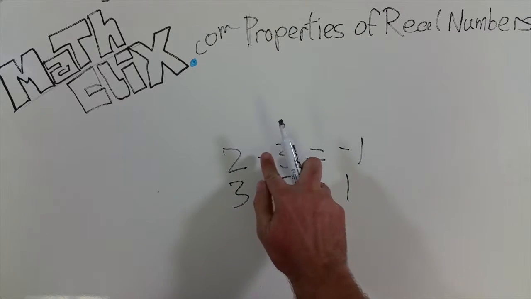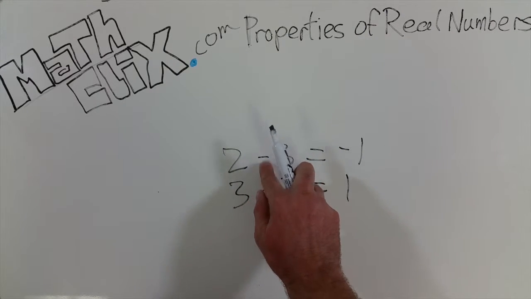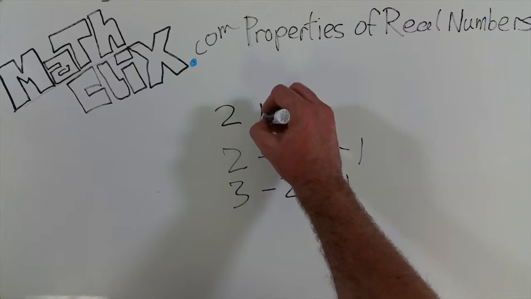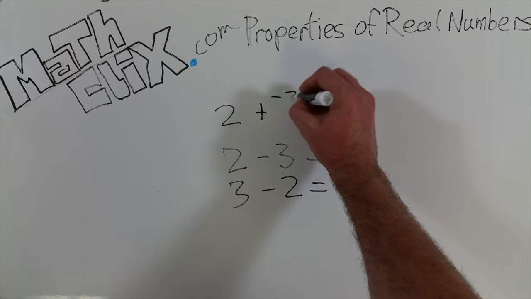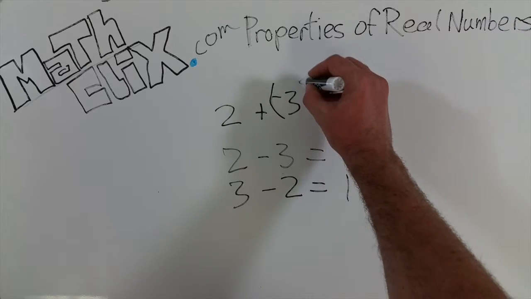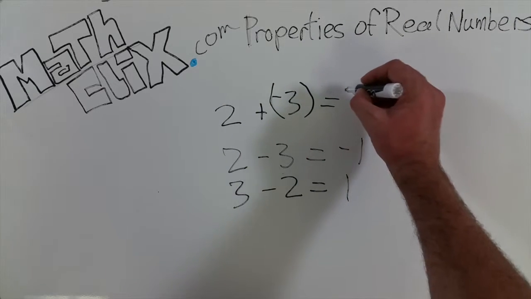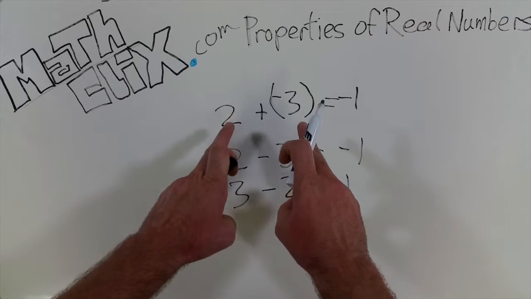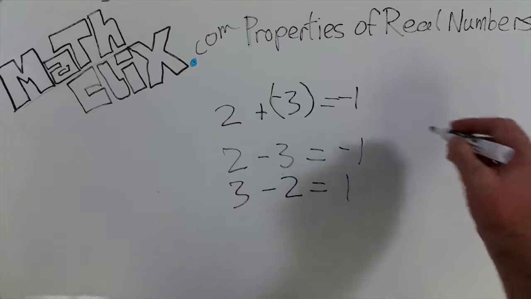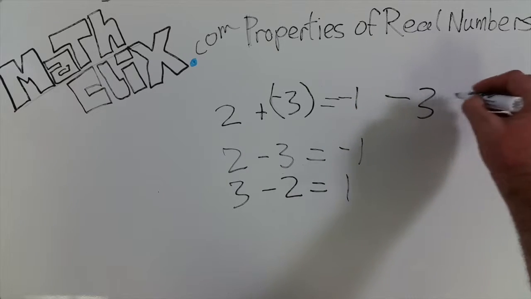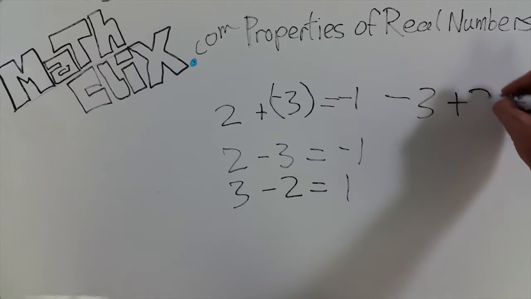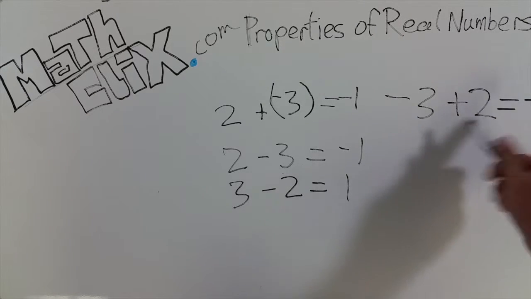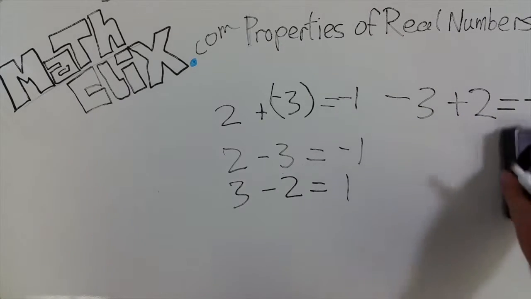But if you consider subtraction does not really exist, you can rewrite this as 2 plus negative 3 equals negative 1. And then you can use the commutative property of addition. Negative 3 plus 2 equals negative 1. It's there, trust me.